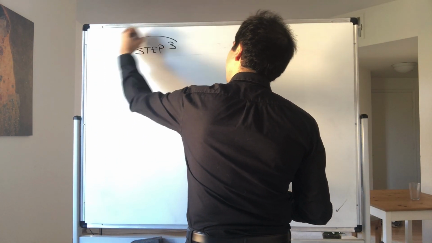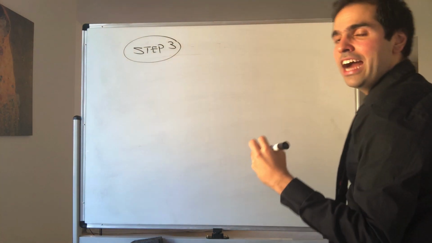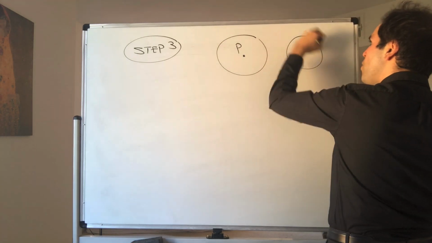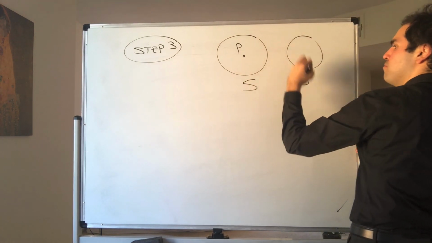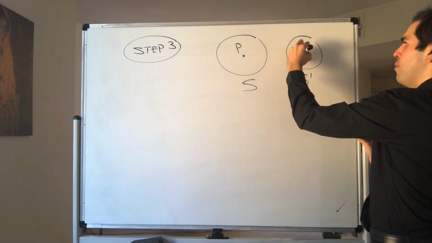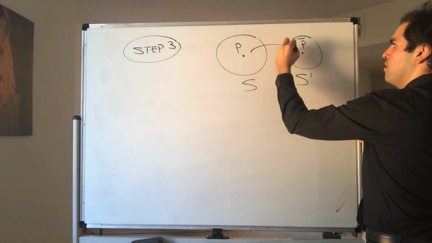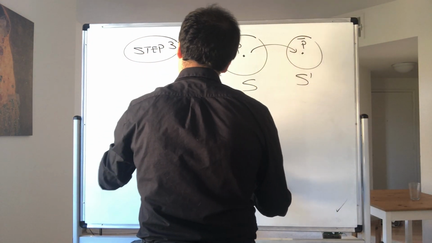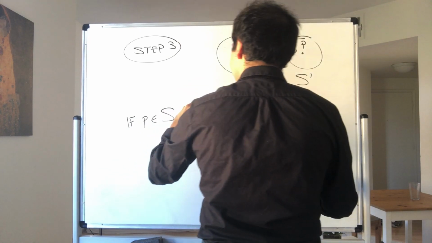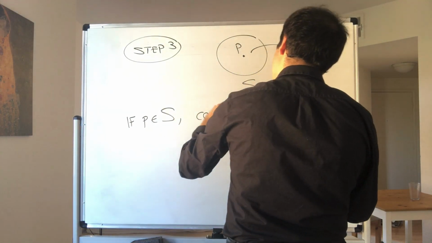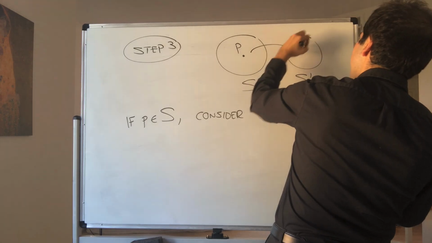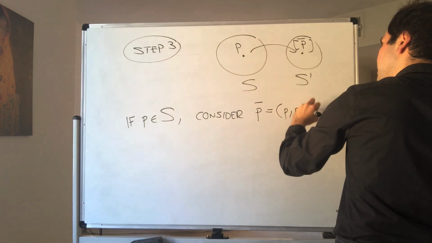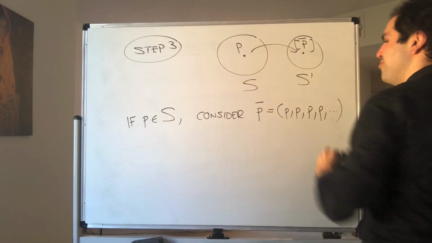Namely, there's a very easy way of associating an element P in S with a class P bar in S prime. Namely, if P is in S, consider just a constant sequence. If you want, P bar to just be the sequence P, P, P, P, it's almost like a robot.